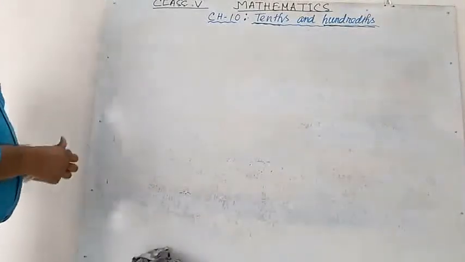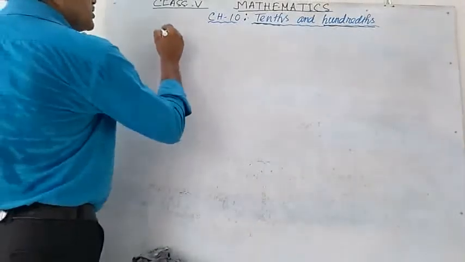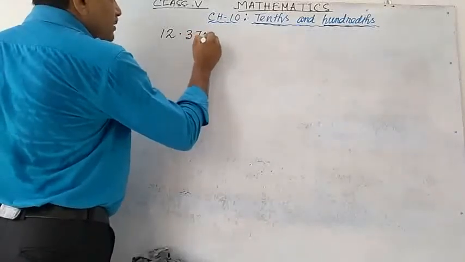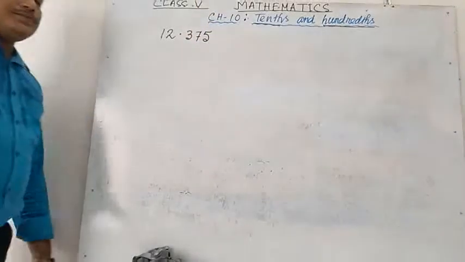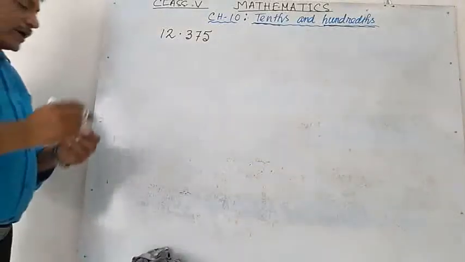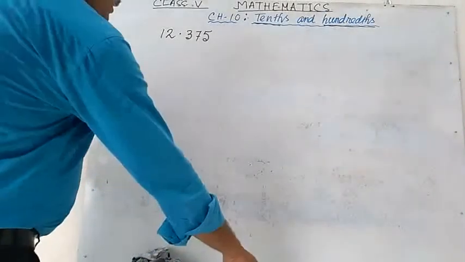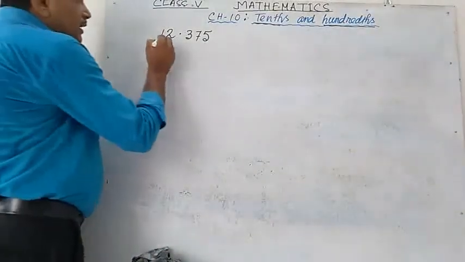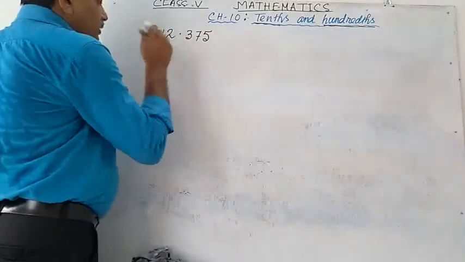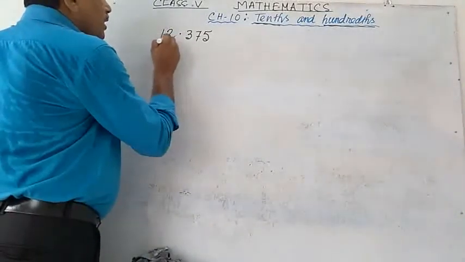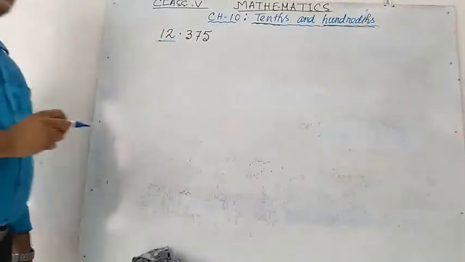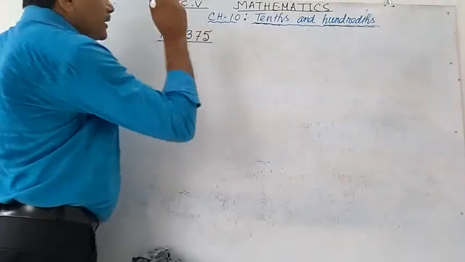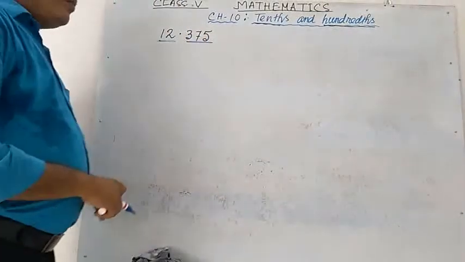So now suppose we are considering a number 12.375. Now you can see in each and every decimal number there are 2 parts: a part left to the decimal point and a part right to the decimal point.